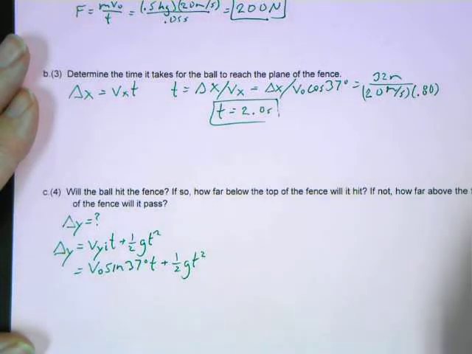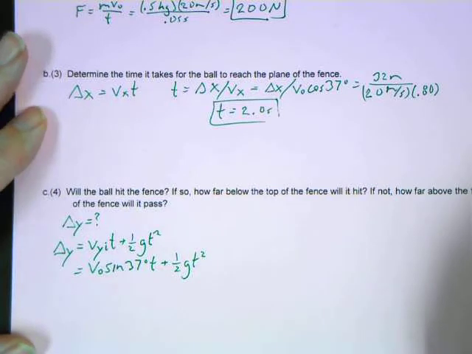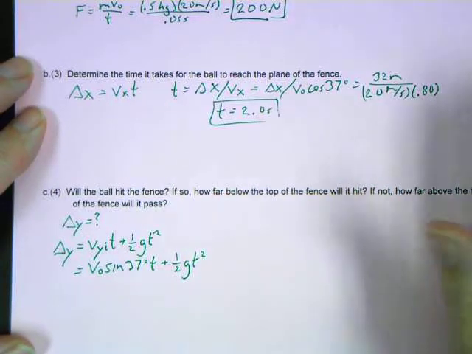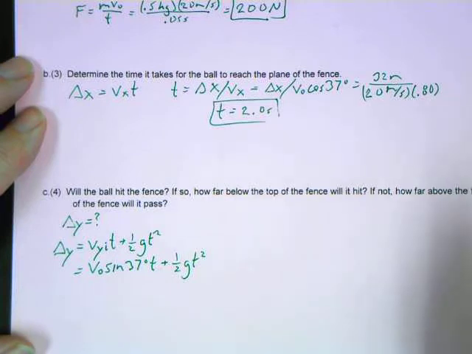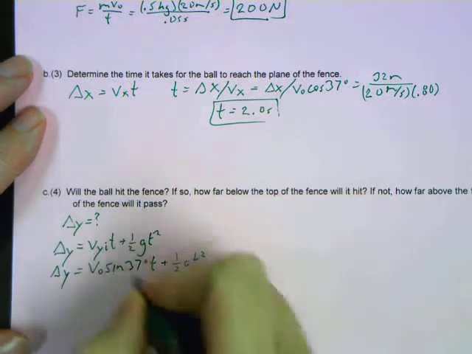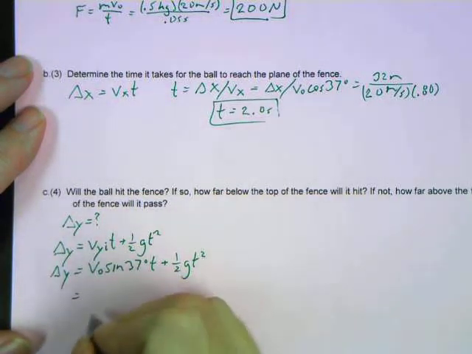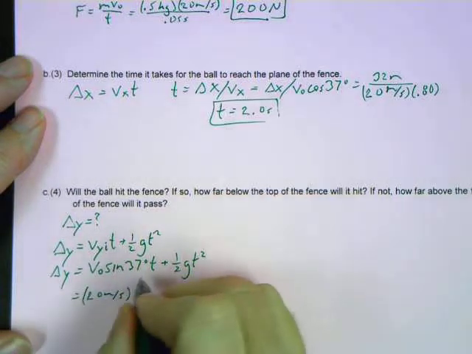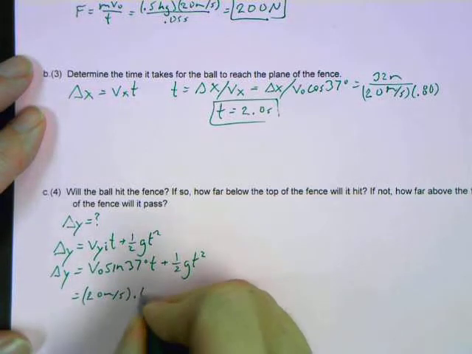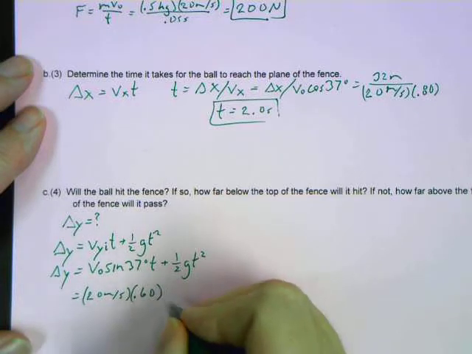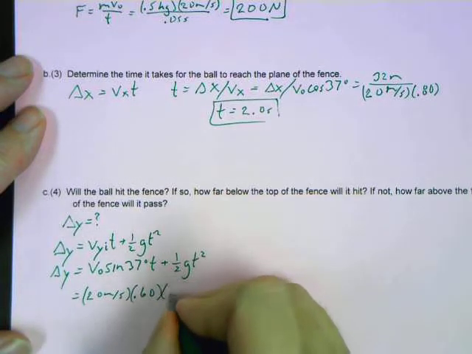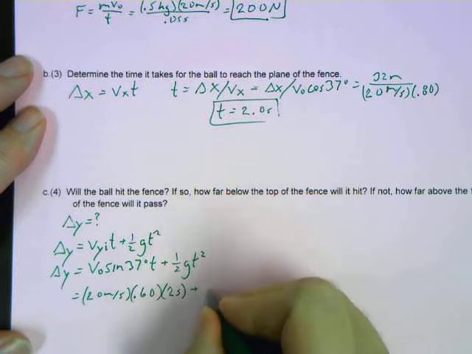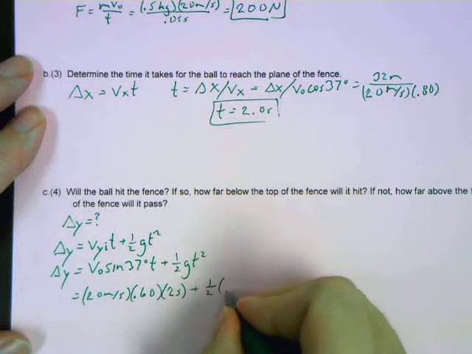I don't see a request any place for using 9.8. Actually, because we're trying to really decide if it hits the fence or not, and it might be really close, I am going to use 9.8. So delta y, all right, plugging in values here: V naught is 20 meters per second, sine of 37 degrees is 0.60, times our time of 2 seconds, plus 1/2.